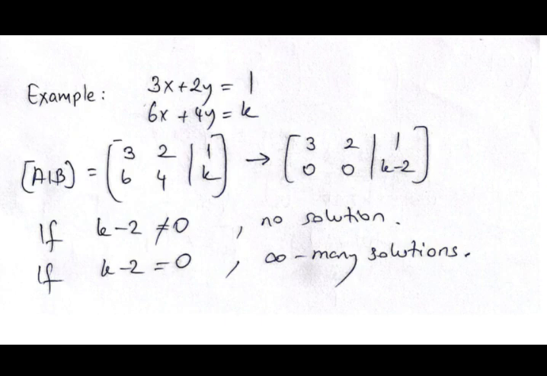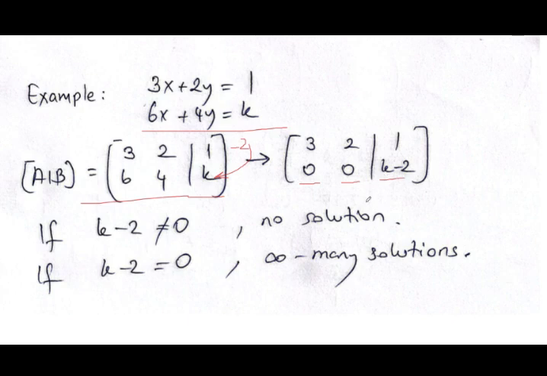Next example, we still have one unknown parameter k. We have 2 equations, 2 unknowns x and y. So start with the augmented matrix 3, 2, 6, 4, and you can multiply the first row with minus 2 and then add to the second one to get these equal to 0 and k minus 2.